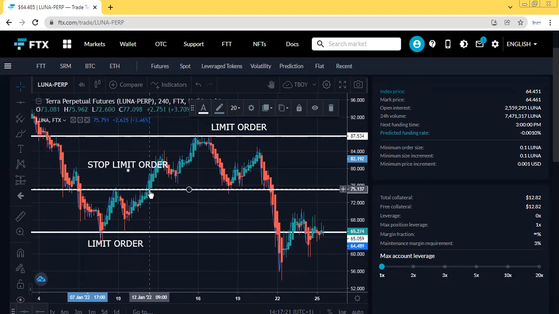Once it comes here, you continue to move. This is called buy stop limit order.